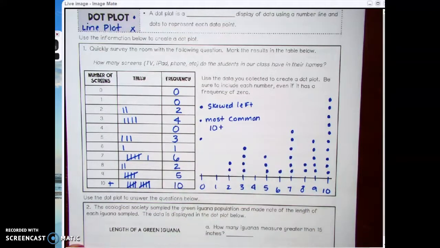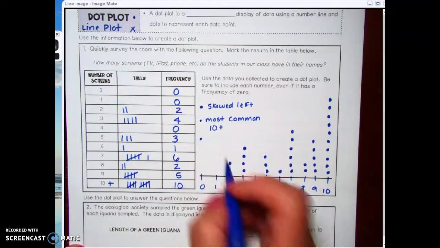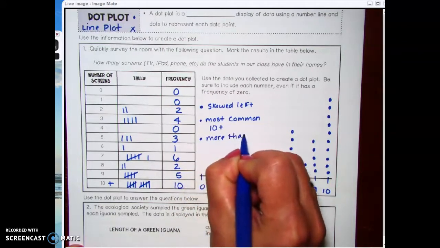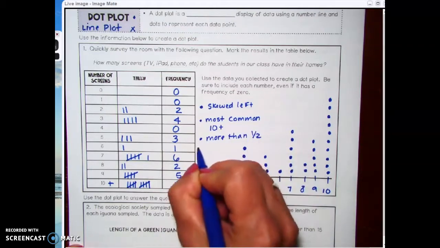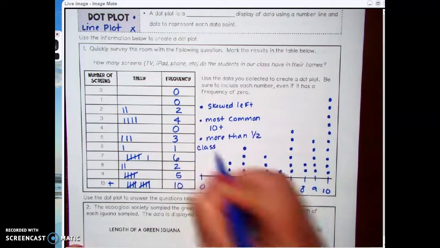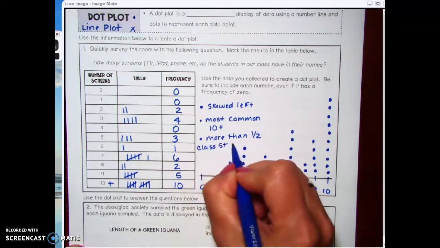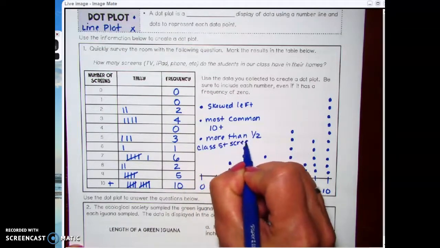What's another thing this tells me? It tells me that, let's see, we have more than half the class has 5 plus screens in their home.